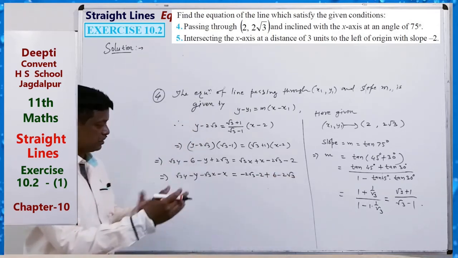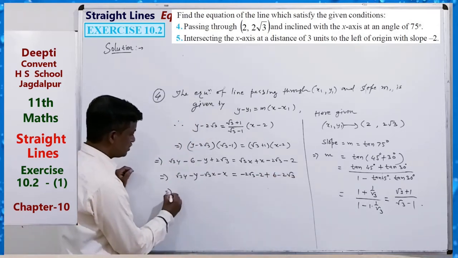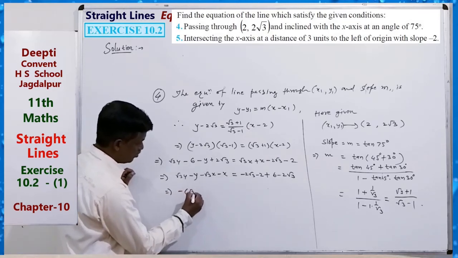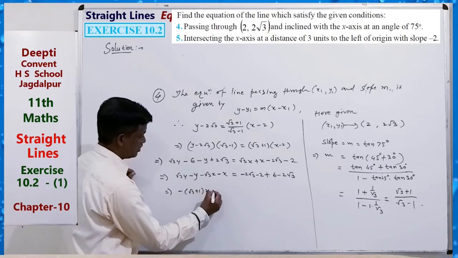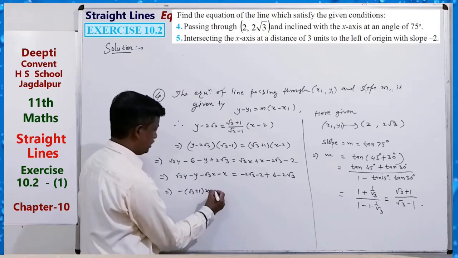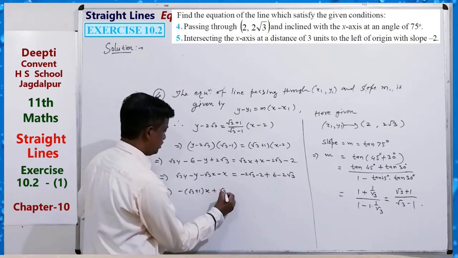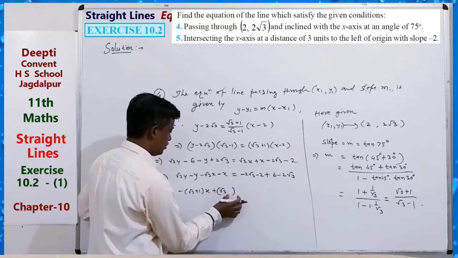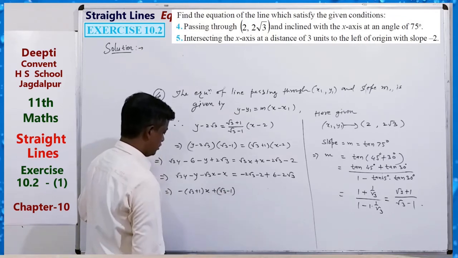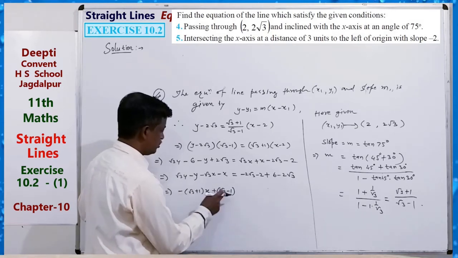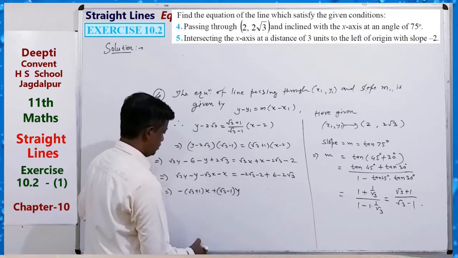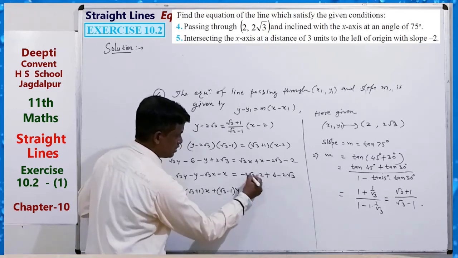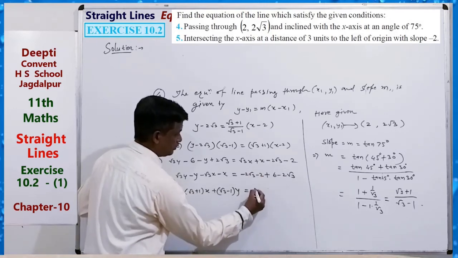So just transferring constant terms to the right hand side, here we see minus root 3 plus 1 into x plus root 3 minus 1 into y equals this, cancel, 4.